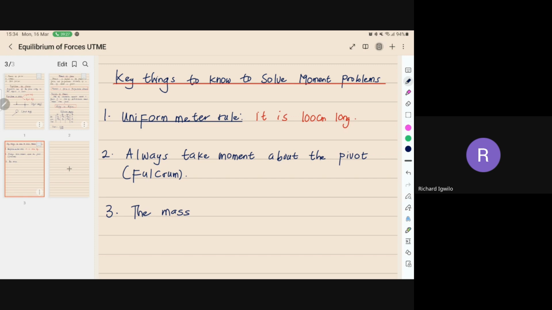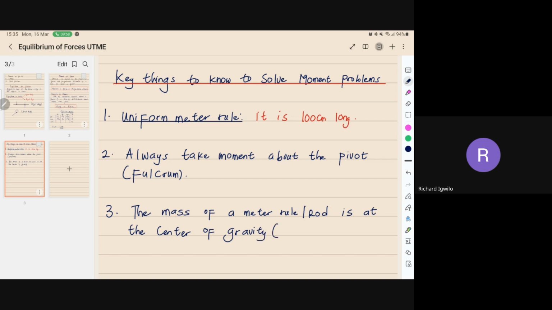So now, sometimes they tell you that the mass of a meter rule slash rod is at the center of gravity.